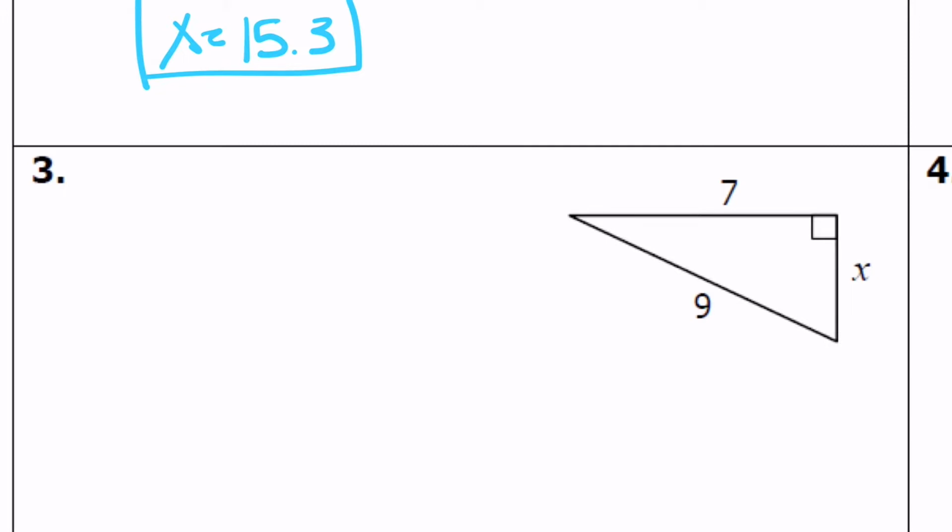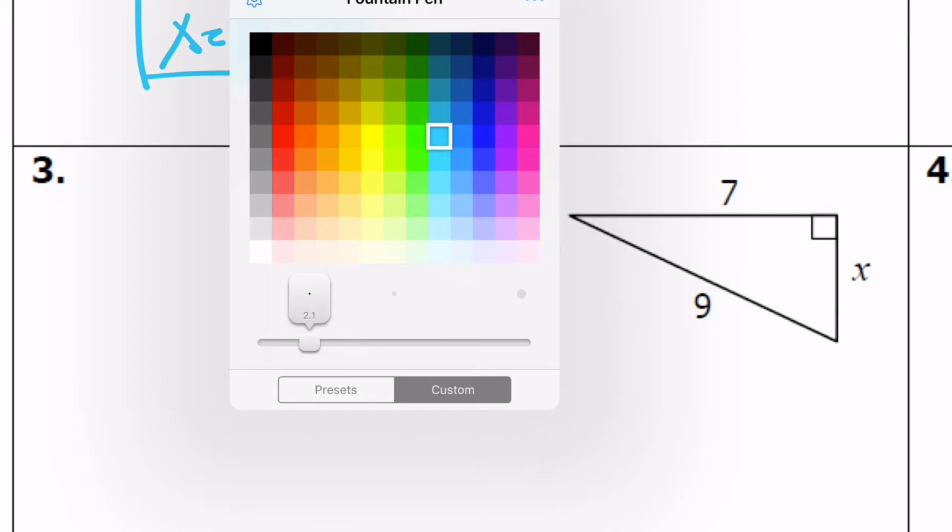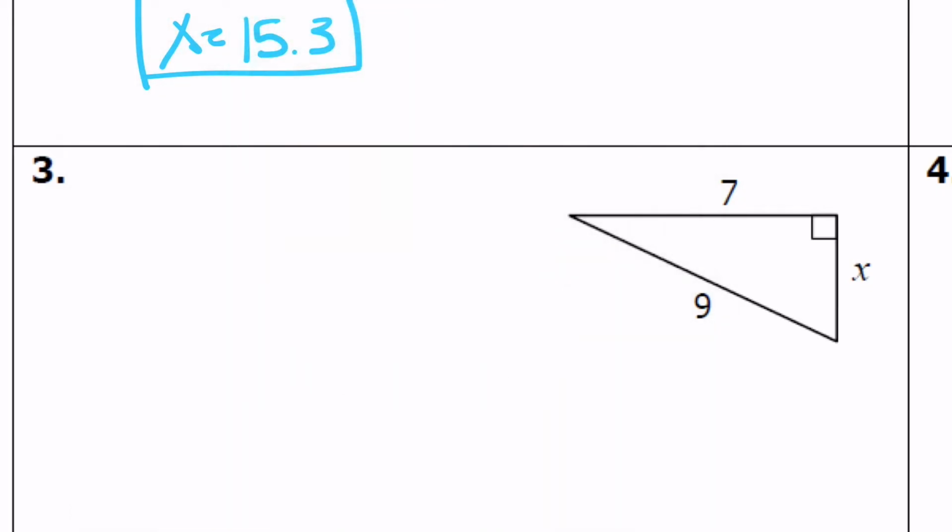Sometimes we're not always given just the legs. For instance, if you look at number 3, I'm going to skip number 2. In this case, we're given one of the legs, I'm going to call this one A, and the hypotenuse. It's our goal to find the other leg. Again, all we do is plug in and solve. 7 squared plus, and I'm going to use x this time, x squared equals 9 squared.